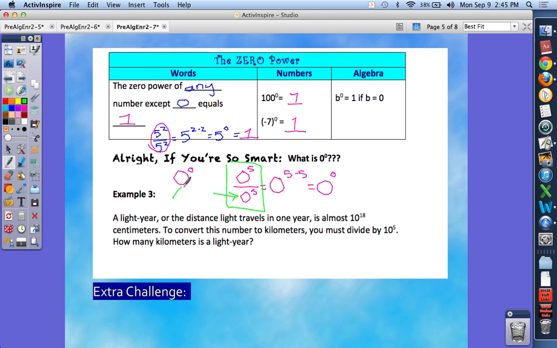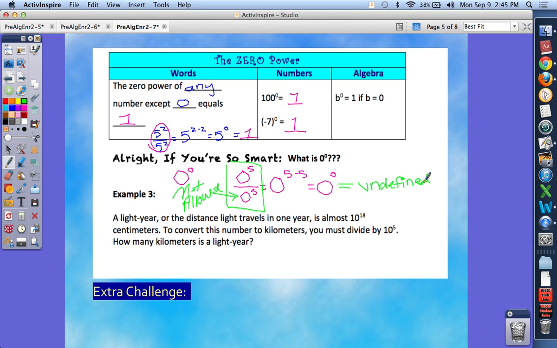What are you not allowed to do? You can't divide by a 0. We're not allowed to have 0 in the denominator. So that is why 0 to the 0 power is undefined. That's what I want you to write down. It's undefined. It doesn't have a value. We don't have something we can assign to it. It's undefined. You cannot do it.